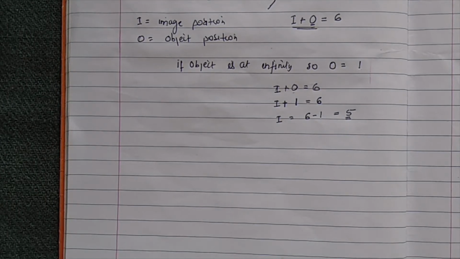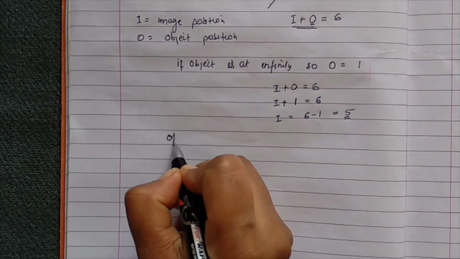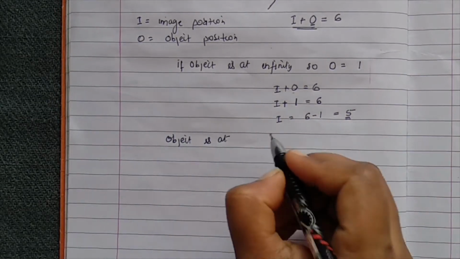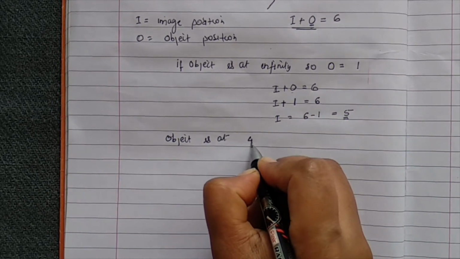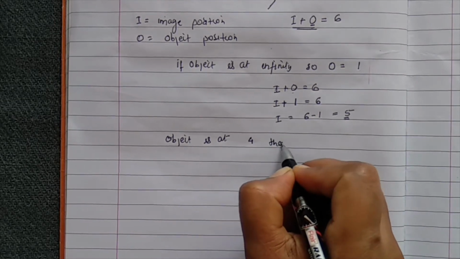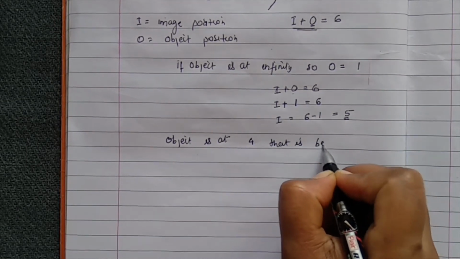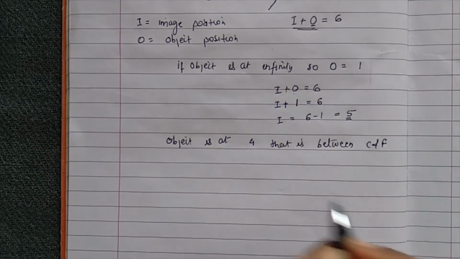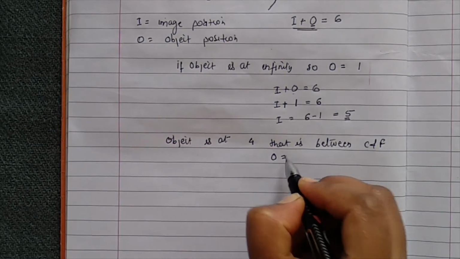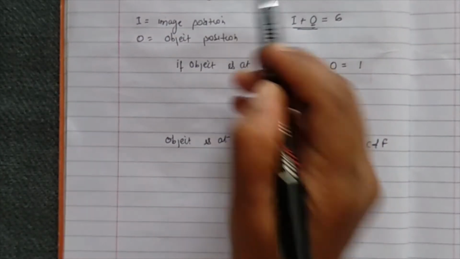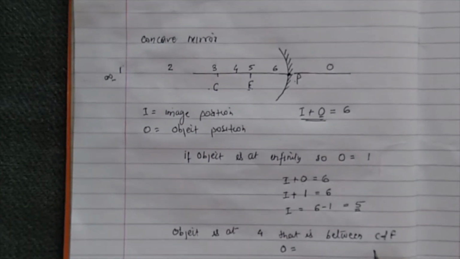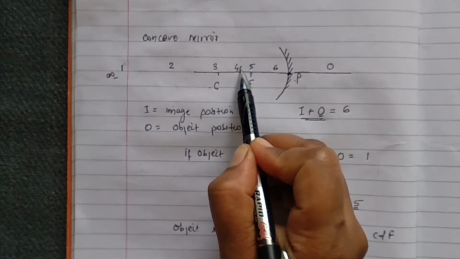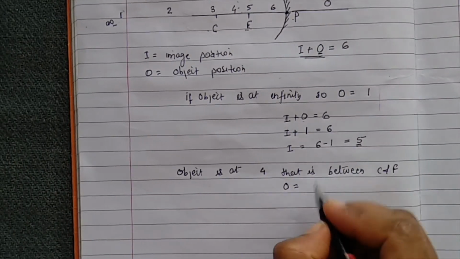See one more position. Suppose the object is at 4, that is between C and F. So O will be how much? Here C and F means number 4. So O is 4.